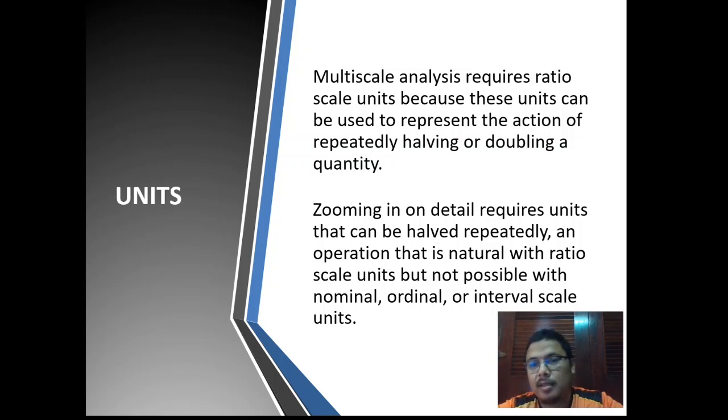Multi-scale analysis requires ratio scale units because these units can be used to represent the actions of repeatedly halving or doubling a quantity. Zooming in on detail requires units that can be halved repeatedly, an operation that is natural with ratio scale units but not possible with nominal, ordinal, or interval scale units.